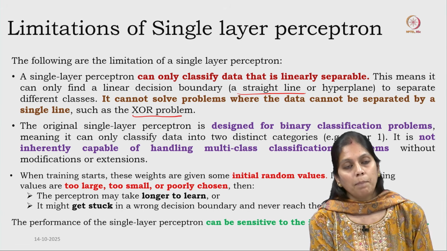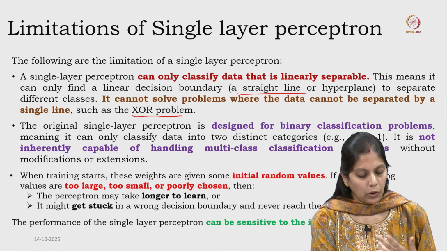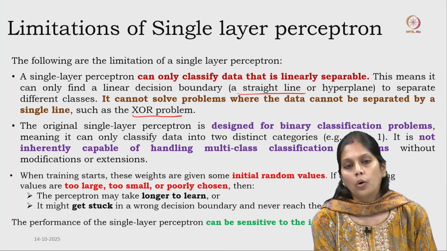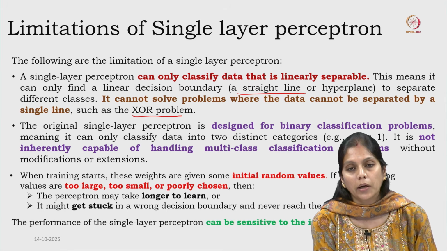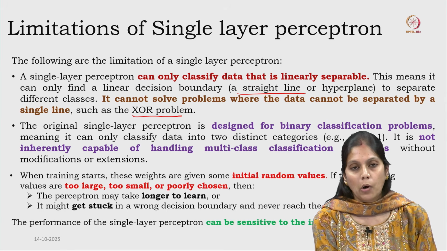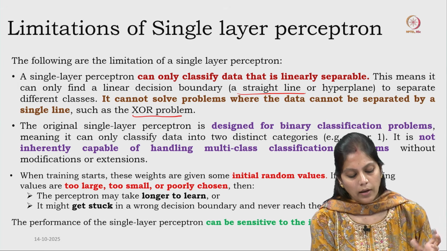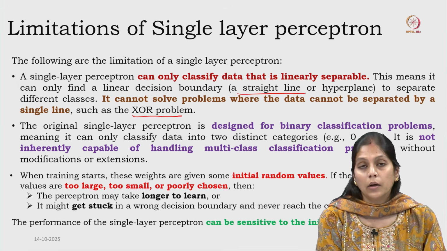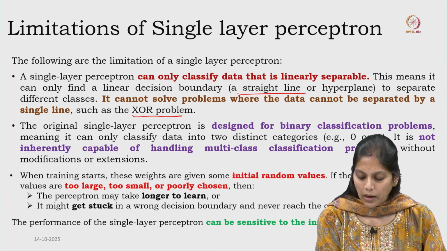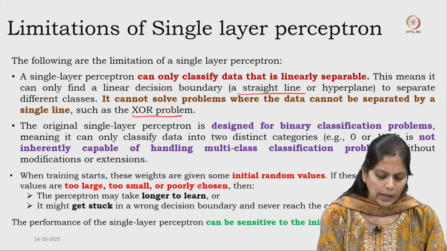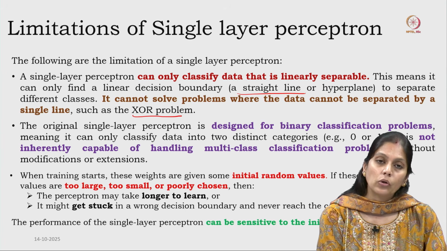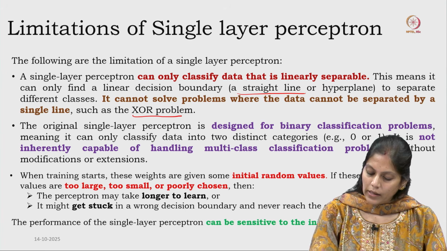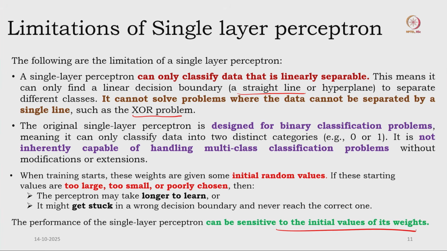Then you will keep solving the problem, and it takes more time to train the model. It may even get stuck in a wrong decision boundary, so it may never reach the correct one. So, it is very, very sensitive. The performance of the single layer perceptron is very sensitive to the initial values of its weights. So, these are certain limitations of the single layer perceptron.